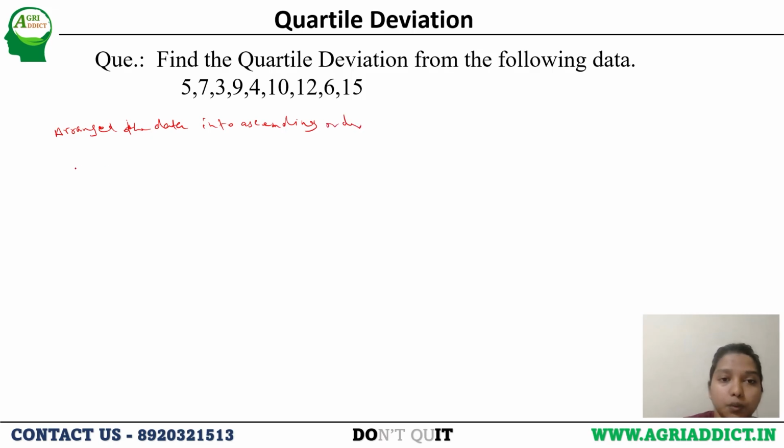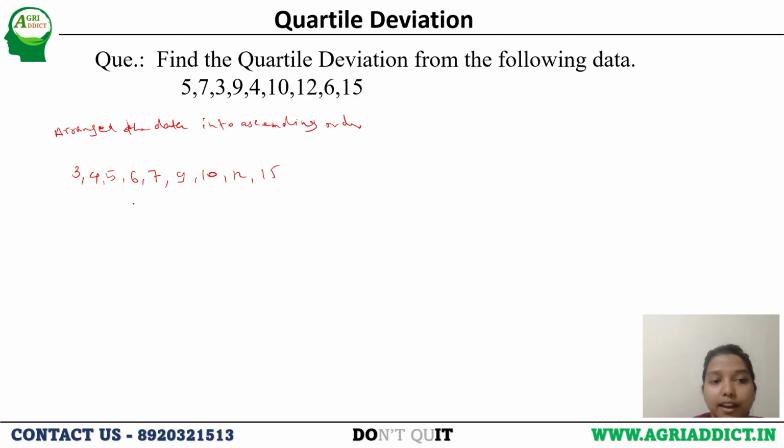So we'll arrange it as 3, 4, 5, 6, 7, 9, 10, 12, 15. That is 9 numbers. Now we have arranged it.